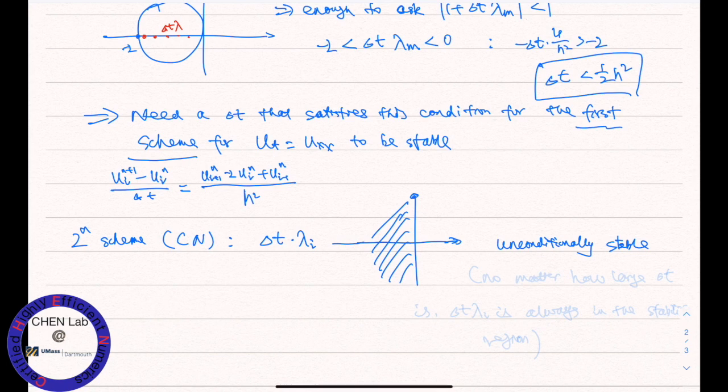No matter what delta t you choose, no matter how large delta t is, delta t lambda I is always in the stability region.